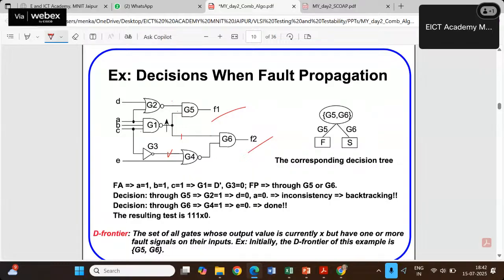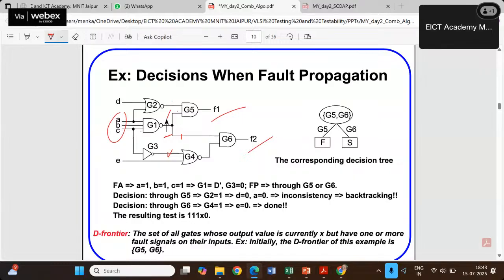Okay, now the first thing was the fault activation. In order to activate this fault, this is stuck-at 1. If this is 1, what should be the input set? This is a NAND gate. NAND gate output 1, when is it possible?